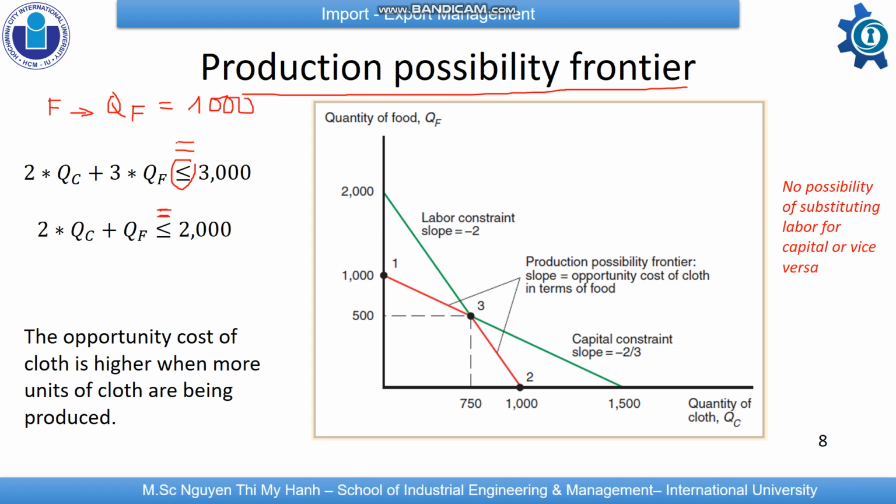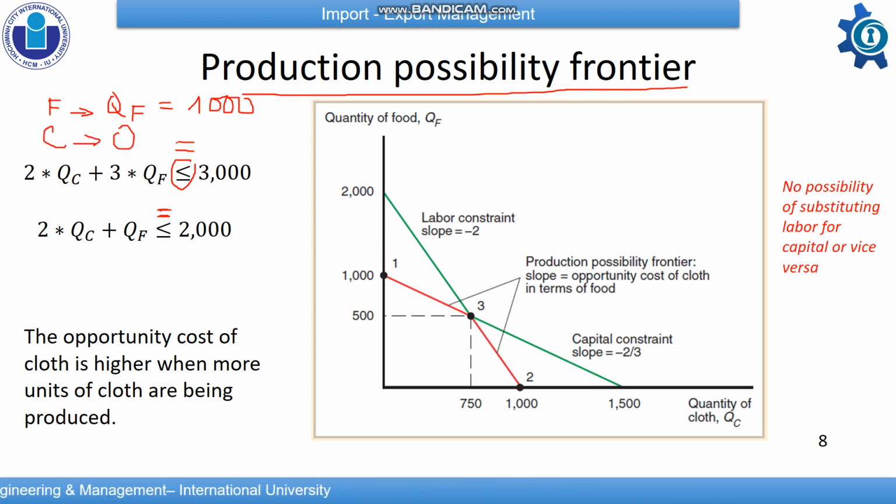And if they specialize in cloth, the maximum quantity they can produce is 3000 divided by 2, so 1500.